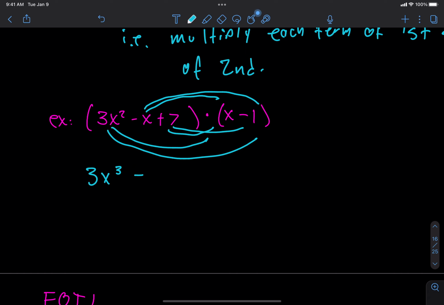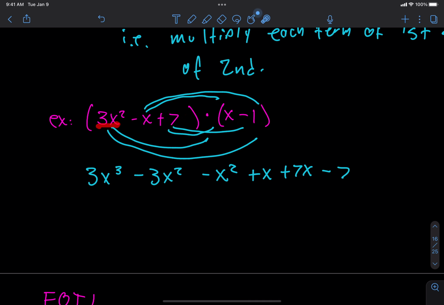Then minus 3x squared. That's from 3x squared times negative 1. Now, minus x squared comes from negative x times x. And then plus x comes from negative x times negative 1. Finally, plus 7x comes from 7 times x, and then minus 7 comes from 7 times negative 1.